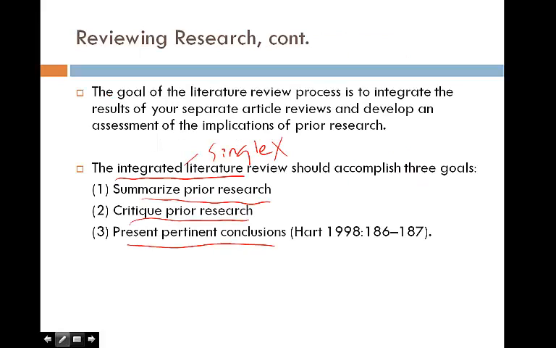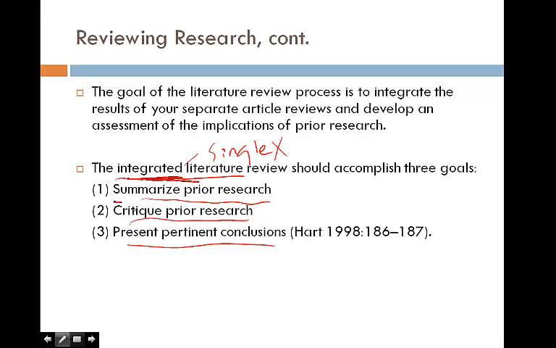The goal of the literature review is to integrate the results of your separate article reviews and develop an assessment of the implications of the prior research. The integrated literature review, and here I emphasize integrated, is not a single article review. You try to merge all these article findings together to integrate concepts into one. In order to do that, we need to accomplish 3 goals.